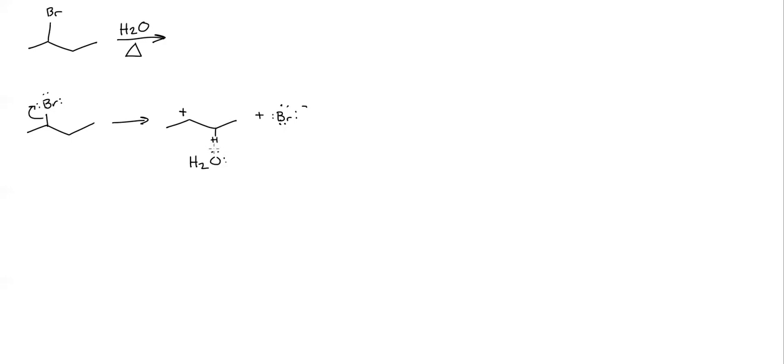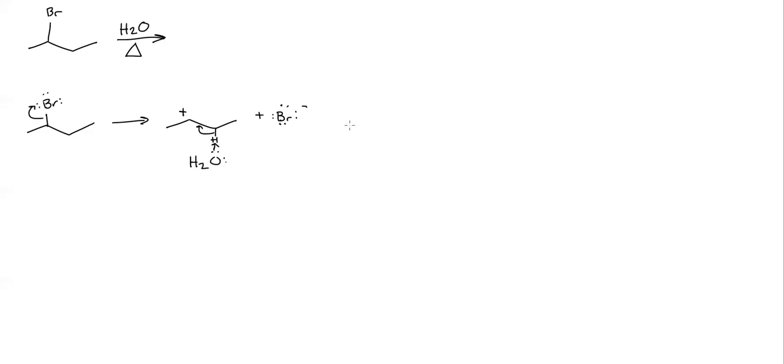Our base is going to come in and it's going to take a hydrogen. So if you remember in E2, we take a hydrogen and the electrons go there to form the bond. Same thing in E1, right? Our base comes in, in this case it's just a weak base, it comes in and it takes a hydrogen, and then we form our double bond. So we're going to form a double bond here and water is going to gain a hydrogen.